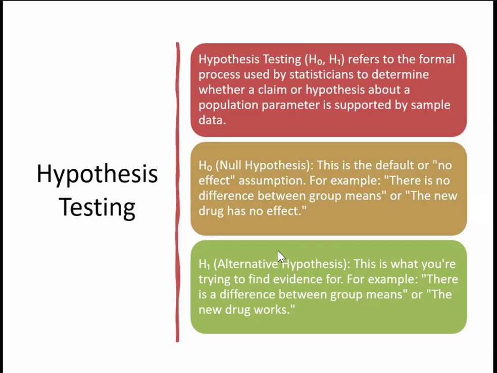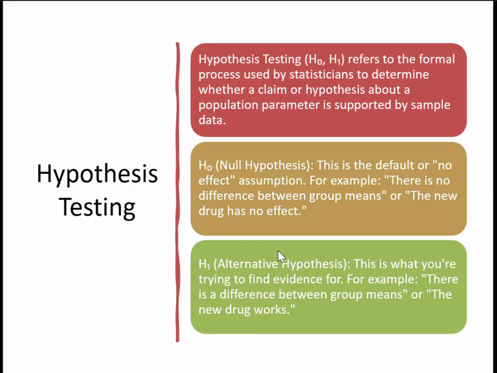So that's what hypothesis testing is all about, and that's what H0 and H1 mean. With hypothesis testing, we are just looking at H0 versus H1. We want to know, are we taking the H0 or are we rejecting it? So it's all about rejecting and accepting the null hypothesis.